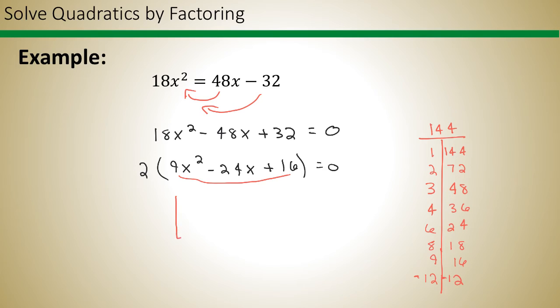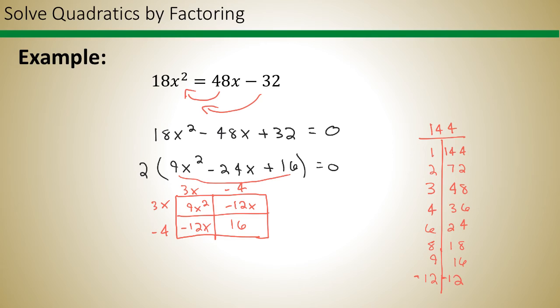So if I draw a rectangle, and I have 9x squared here, -12x, -12x, and 16. And then my common factors are 3x minus 4 and 3x minus 4.